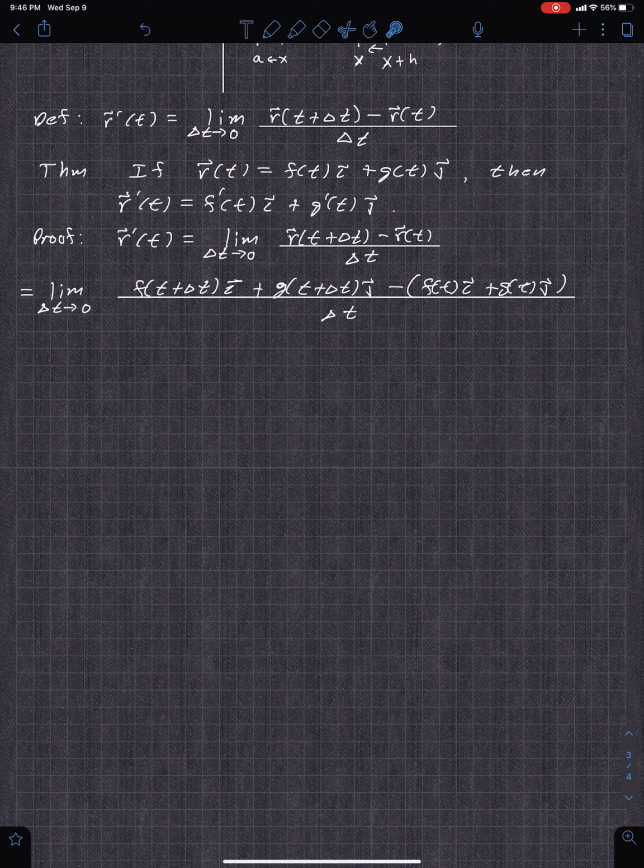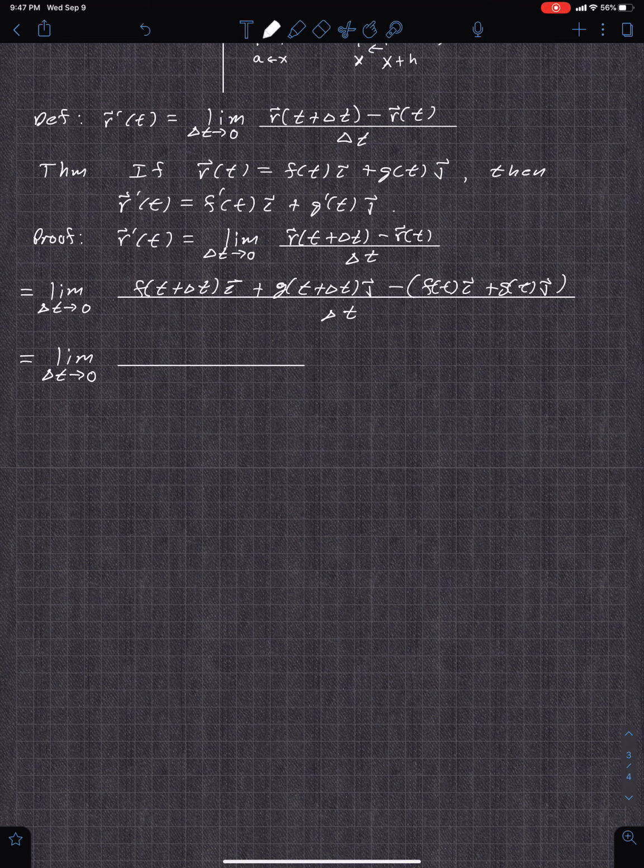And then basically all you've got to do is expand it, recollect terms, and distribute your limit across using limit laws, and you're all good, essentially. I know it maybe sounds too simple, but you get the limit as delta t approaches 0.